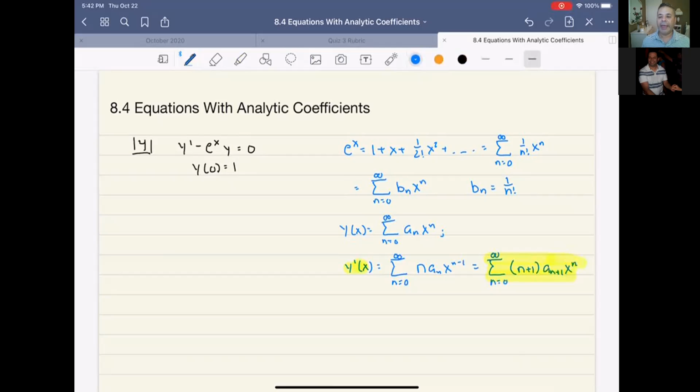Now let's go ahead and plug this into the differential equation, okay? So y prime is now the sum, n goes from 0 to infinity, n plus 1, a sub n plus 1, x to the n, minus, I'm going to write e to the x, but I'm going to write it in terms of its series, and I'm going to use the b sub n term.